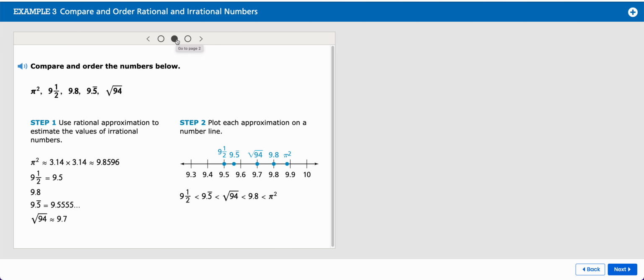Okay, so square root of 94. 94 is in between 81 and 100. Now, which one is it closer to? Is 94 closer to 81 or is it closer to 100? It's closer to 100.